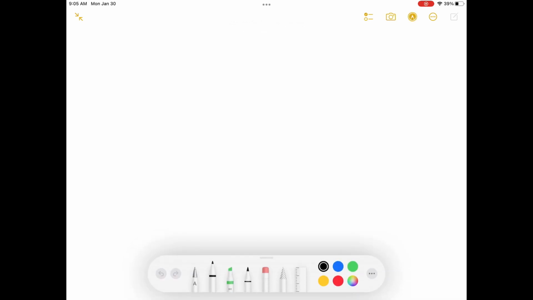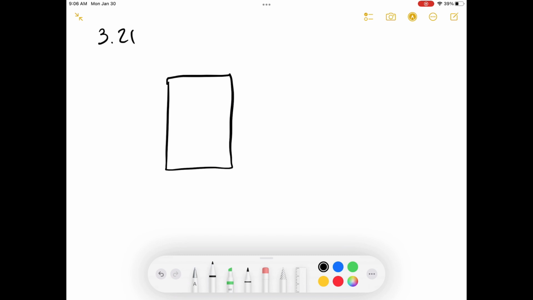Okay, so let's get started here. Start writing down what we've got. Okay, 3.21. So first off, let's draw a picture. We've got a stirred tank reactor. We don't know if it's totally closed or if it's open at the top.